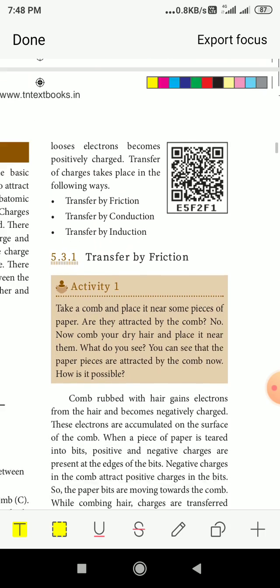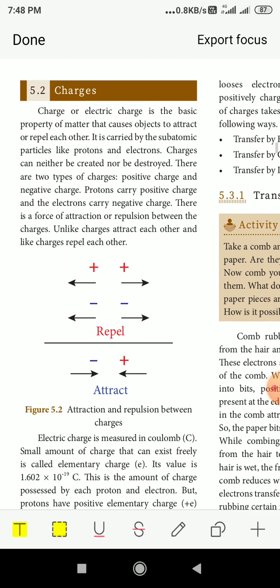And in this lesson we are going to study about charges. Electric charge is a basic property of matter that causes objects to attract or repel. That means a positive and a negative charge always attract, but two positives or two negatives always repel each other. So a proton and an electron have a tendency of attraction, but two electrons have a tendency of repelling.